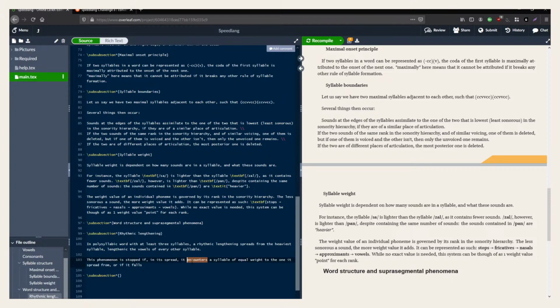I'm going to give some examples for both. Actually, do I have text HL? No, what did I use again? I don't remember. I'll look it up later.